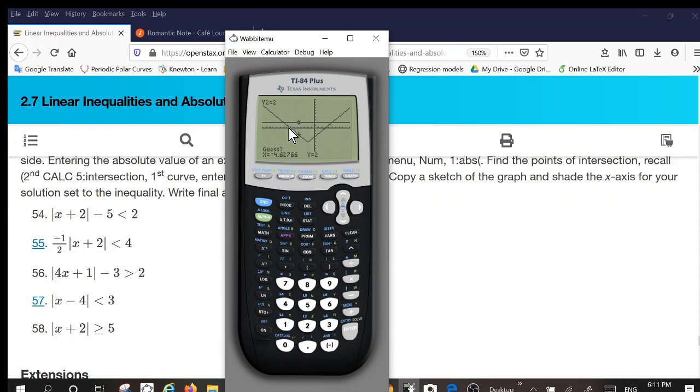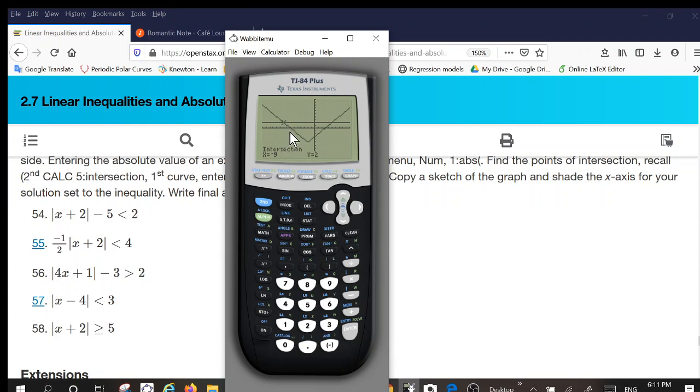Then it asks, do you have any guess? Yes, we want to go close to this point. That's my guess. Then press enter, and the intersection is given by negative 9 and 2. That's this point, and we are interested in the x value, so from negative 9.